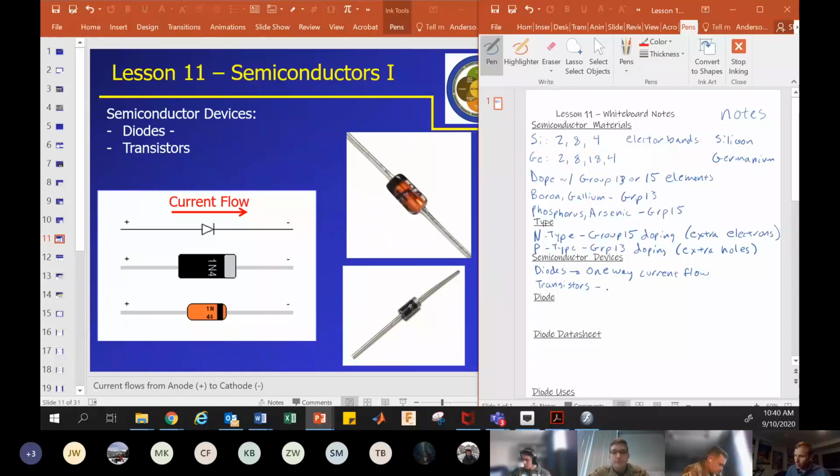Transistors will be used for a number of things, but one of those is to amplify current. We'll talk about that later in the next 2 lessons. So a diode is only going to allow current to flow in one way. With an LED, we can also make light happen, but it also will only flow in one way. And you may have experienced that in lab 1, where you had to have this plugged into the breadboard a certain way, or it would not turn on.